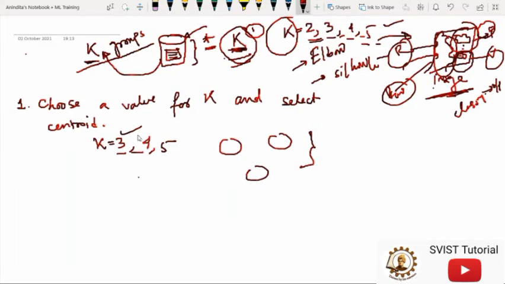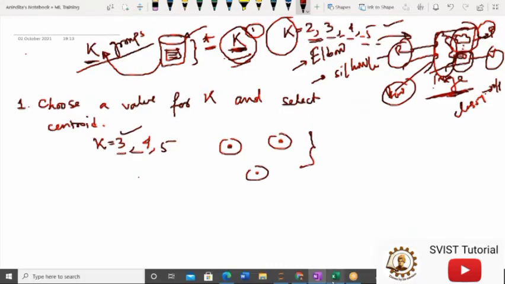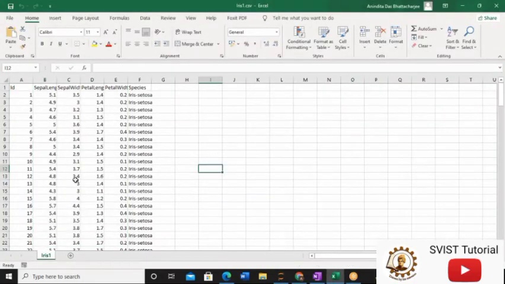And then, since it is a partition based approach, you have to start with some centroid value. So now how is this centroid selected? Centroid selection, you can do for the initial step. The centroid in K-means clustering is selected initially randomly.